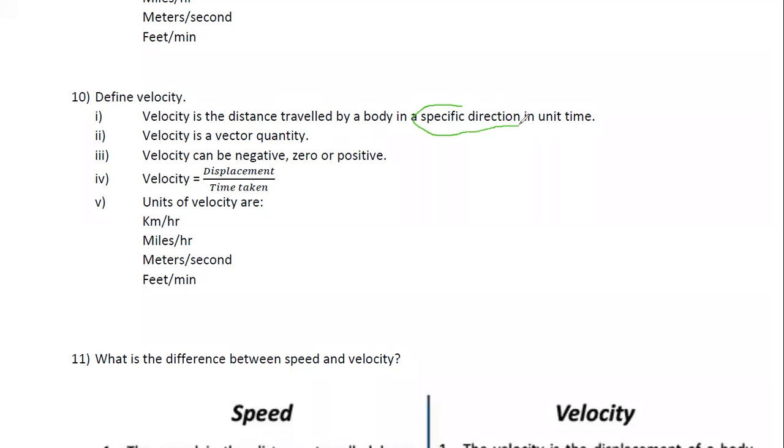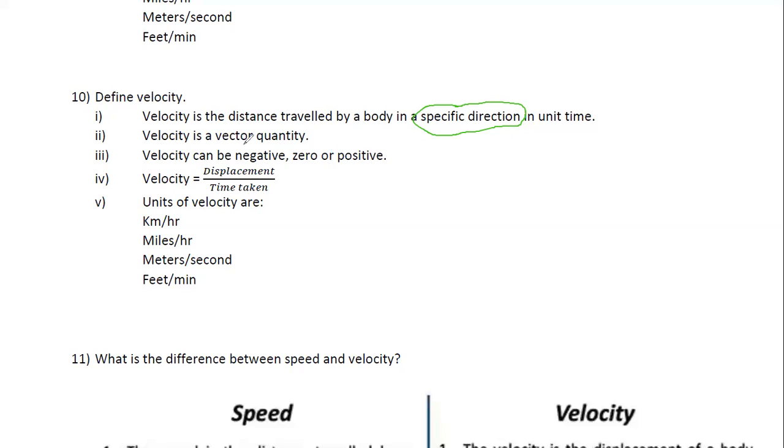When we talk about speed, we only talk about magnitude, but when we're talking about velocity, we are talking about both magnitude and direction, right? So velocity means how much distance is getting covered by a body in 1 second, 1 minute, or 1 hour, in a specific direction.